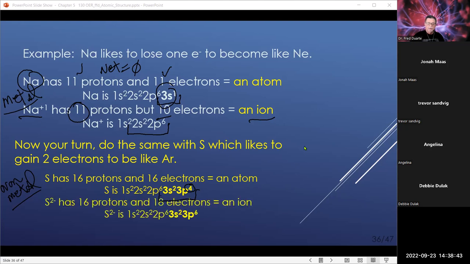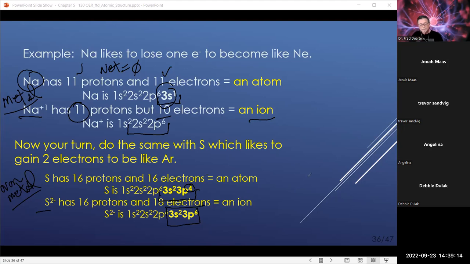Okay, and now its electron configuration in the valence shell would be 3s2, 3p6. Again, the magical 8 has been obtained. There are 8 valence electrons for the ion right here, okay, which now is in a lot more stable state than being an atom.